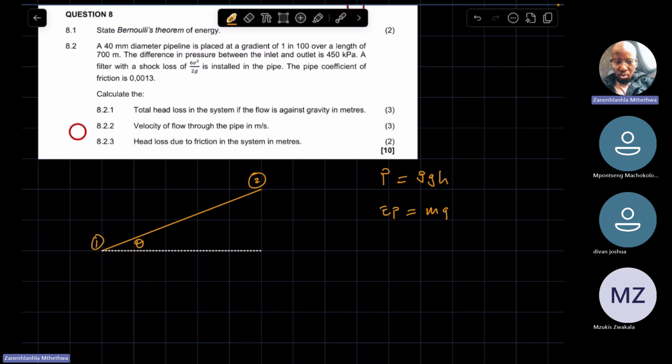Remember, potential energy is mgh. The difference between these two h's is the reference point. The reference of this h for potential energy is the bottom or the ground, whereas the reference of this one is the top or the surface of the water.